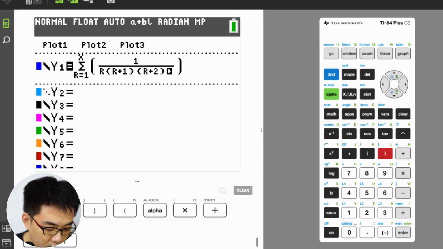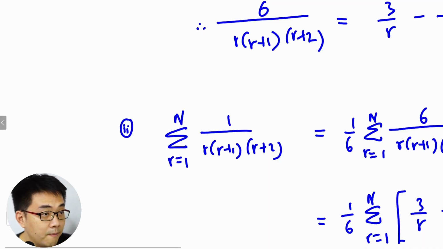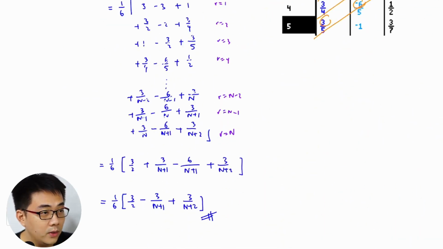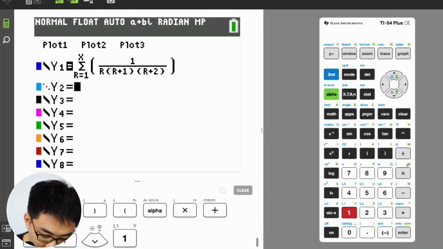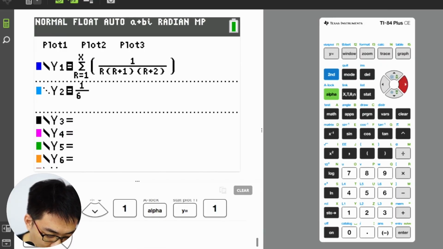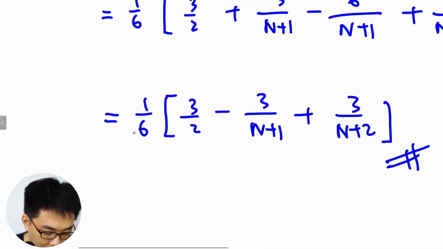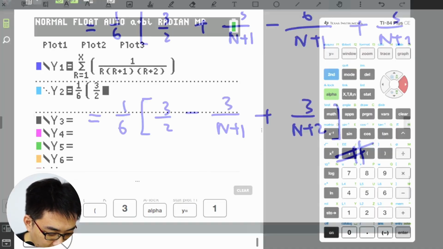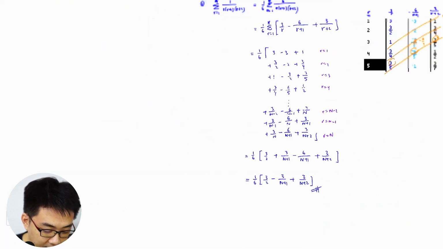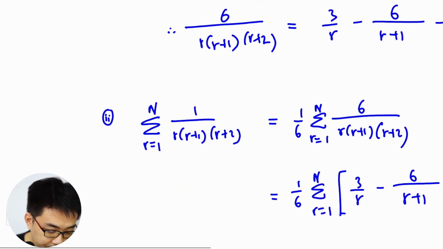Key this in your calculator. Then what you need to do next is to key your answer into another one as well, which is 1 over 6, then you put in 3 over 2, then you put in x. Your big N here is x.